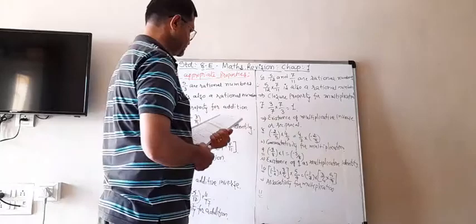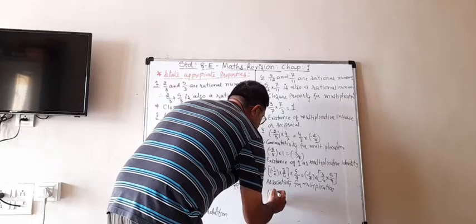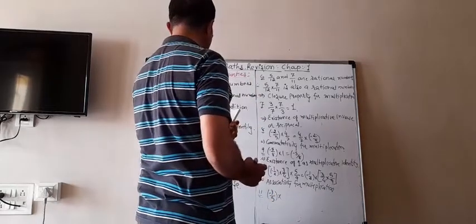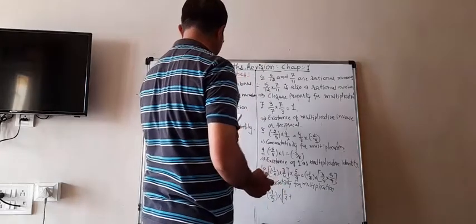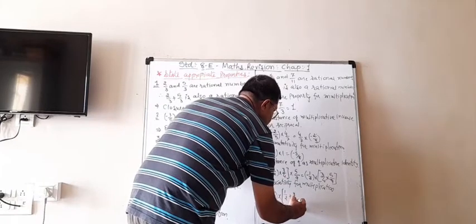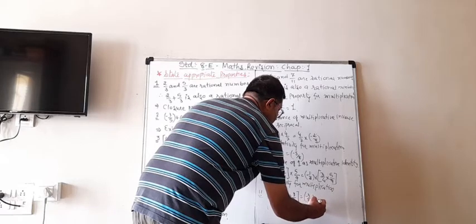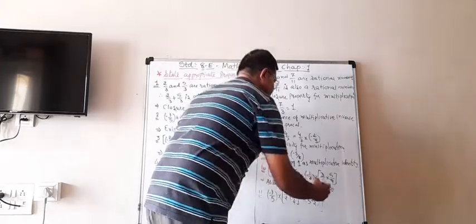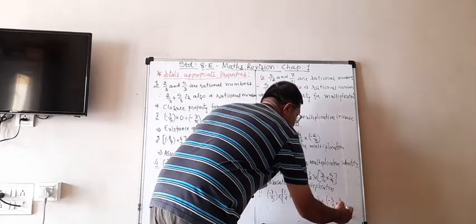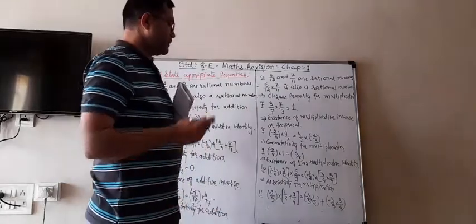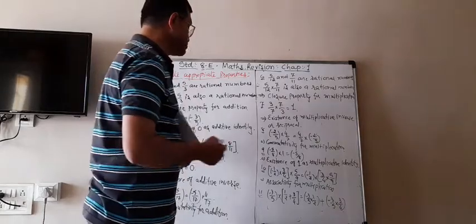And the 11th one, -3/5 multiplied by bracket 1/2 plus 3/4 is equal to -3/5 multiplied by 1/2 plus -3/5 multiplied by 3/4. Now we know that when multiplication and addition come together, it is distributivity.